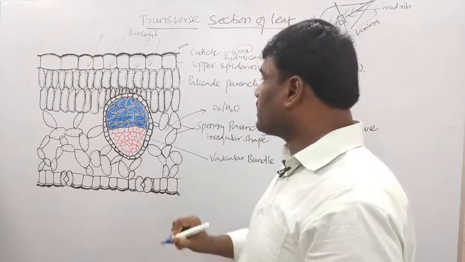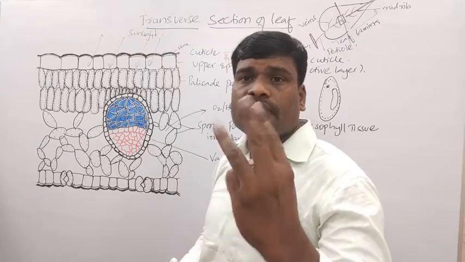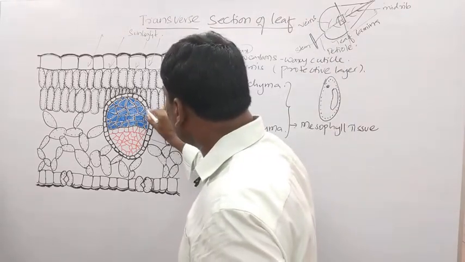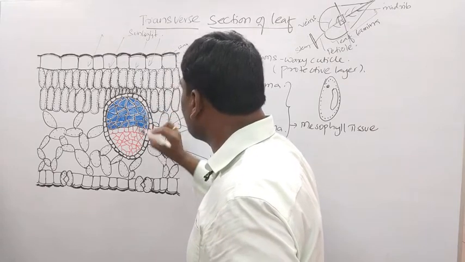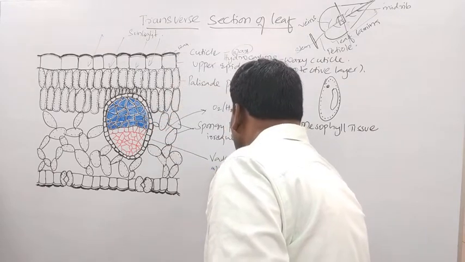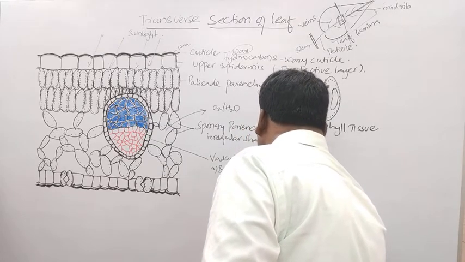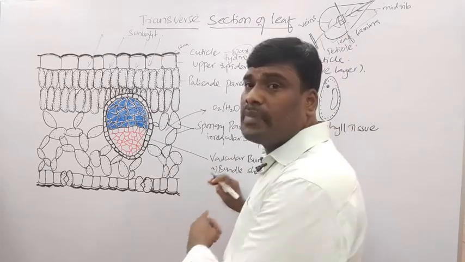In this vascular bundle we see three types of cells. The first one is this one, which we call the bundle sheath. What is the use of this bundle sheath?